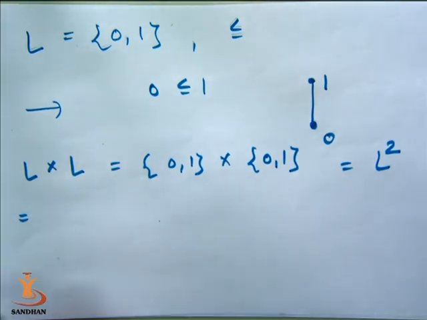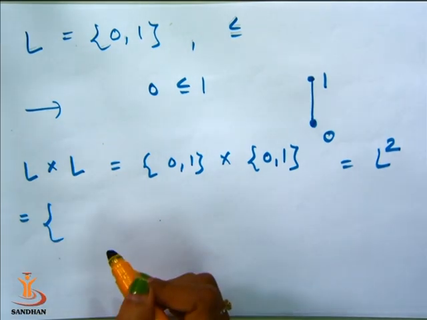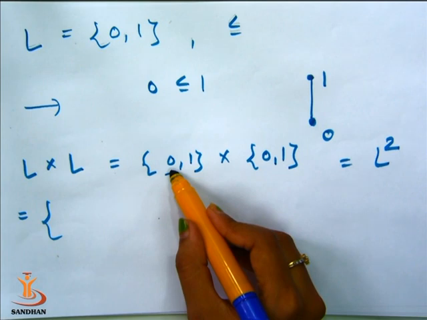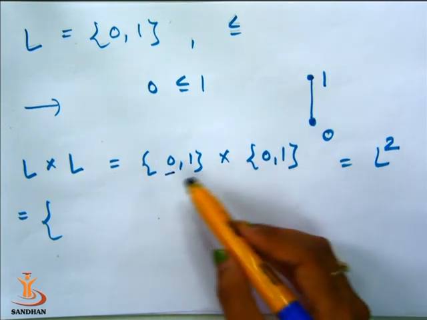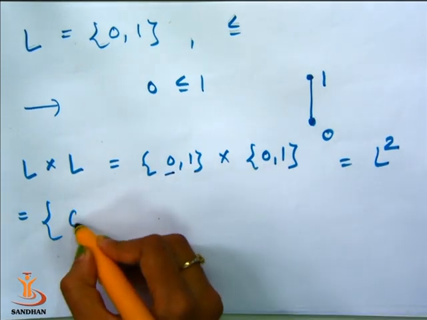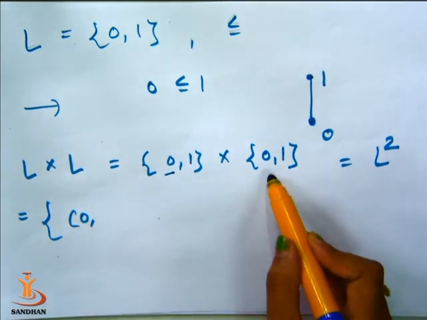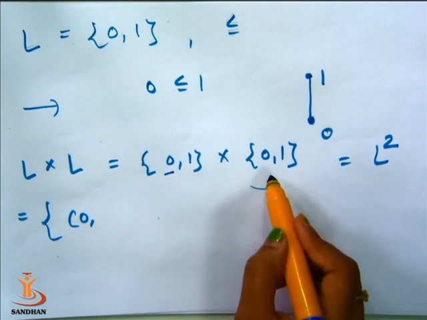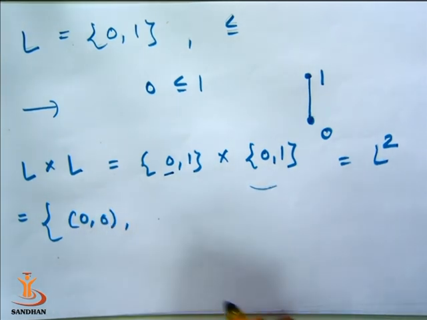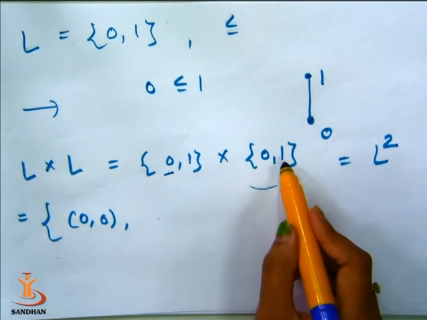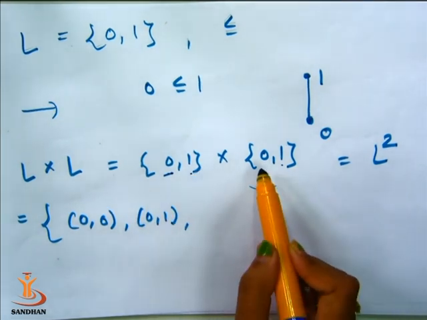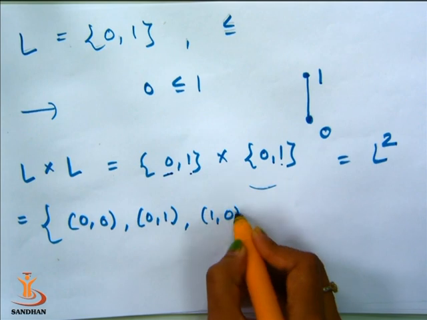So what is L cross L? The elements in L cross L are ordered pairs. First of all, we can take the first element as 0 in the ordered pair and interchange the elements from the second set, that is 0 and 1. So 0 with 0, we have ordered pair (0, 0). Then 0 with 1, we have ordered pair (0, 1). Then 1 with 0, we have ordered pair (1, 0).